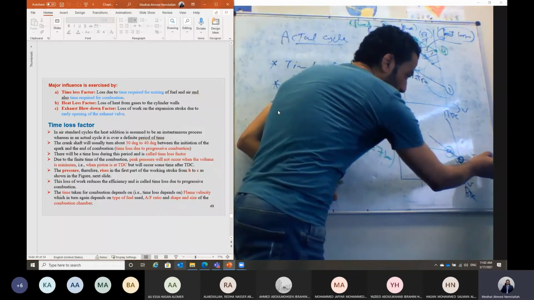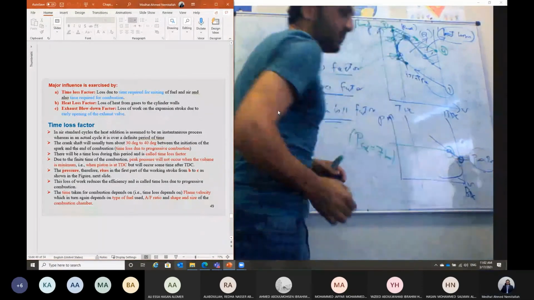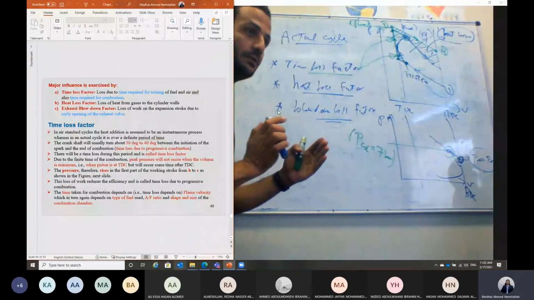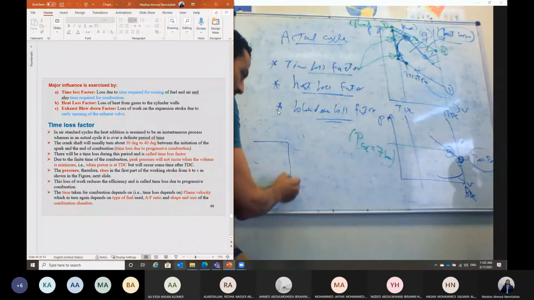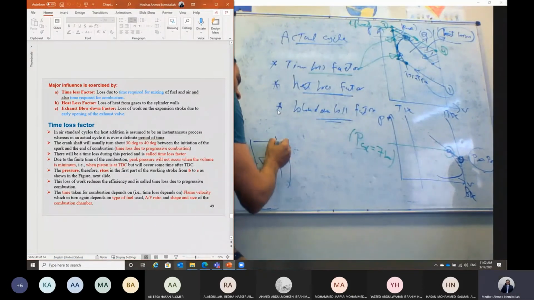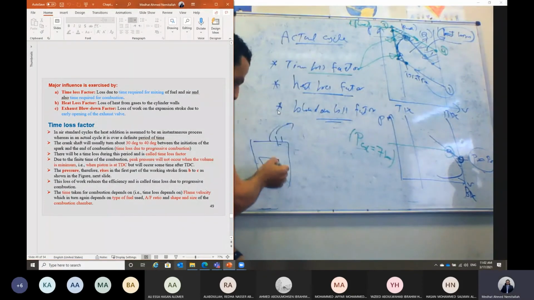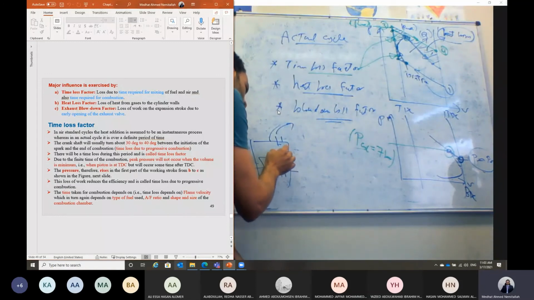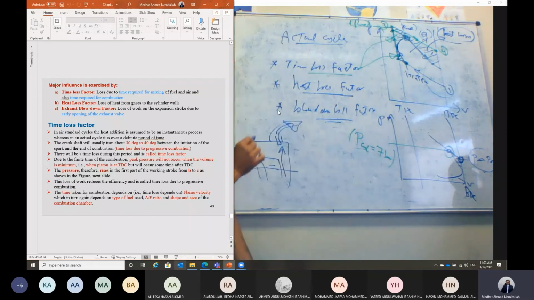It's very close to atmospheric pressure. So the gases inside the cylinder are not under pressure. When you open the exhaust valve, those gases need power from the crankshaft to push the piston, so the piston can push the exhaust gases outside. That means the pumping work will be increased.